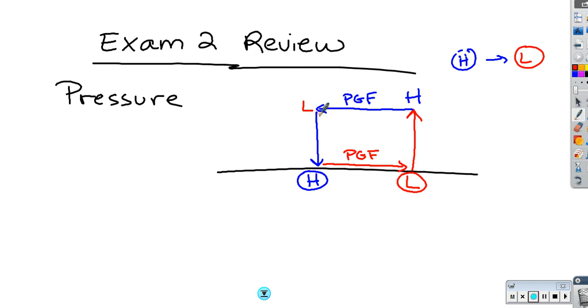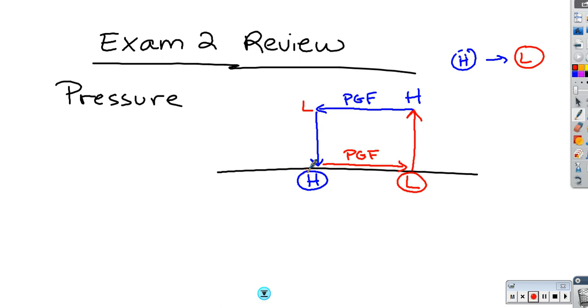So it's the air moving from this low pressure to high pressure, not because of the pressure gradient force, but because of the weight of the air and gravity's pull towards the Earth. So this is the lift from the heating that gave this column of air enough energy to rise, and this is because of gravity pulling the column of air down.